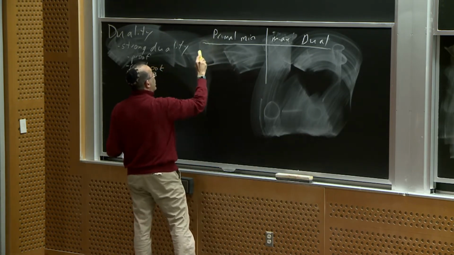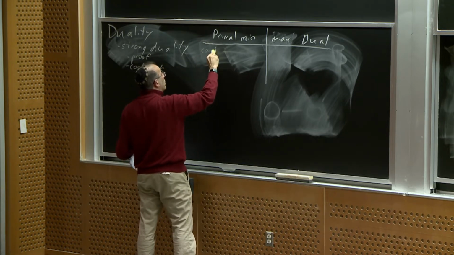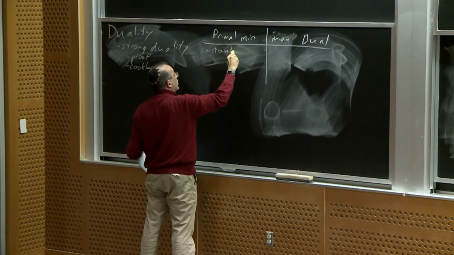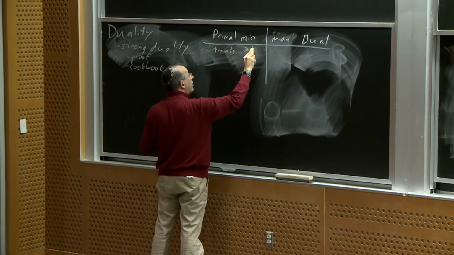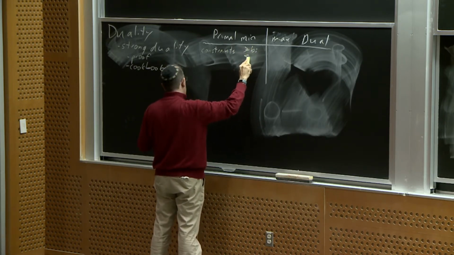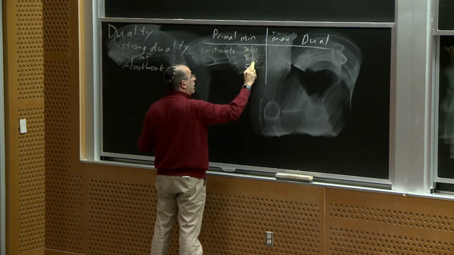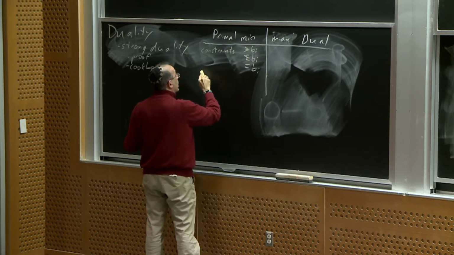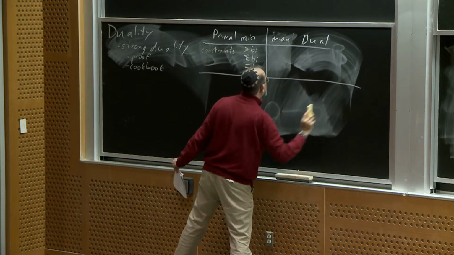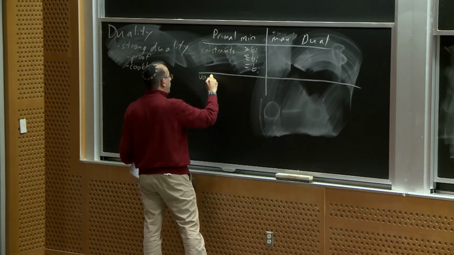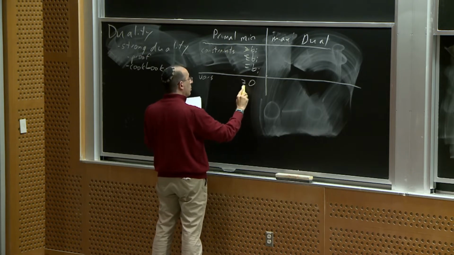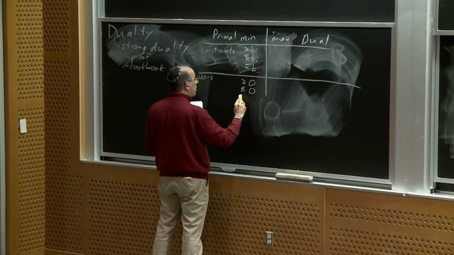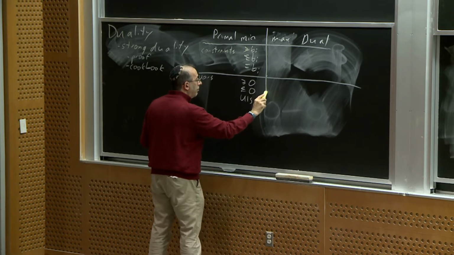And then for the primal, we have constraints, which can be lower bounds, upper bounds, or equality constraints. And we also have variables, which can be restricted non-negative, or restricted non-positive, or unrestricted, right?